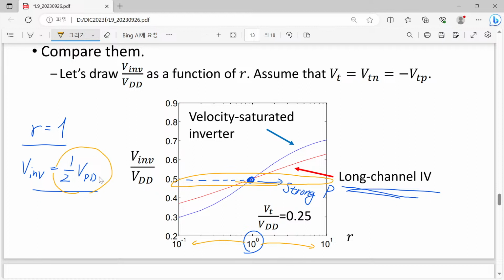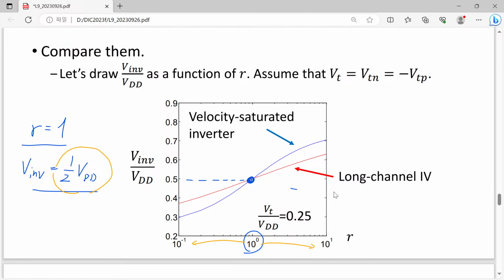However, of course, it is just an ideal one. So if we have an unbalanced design for our CMOS inverter, then obviously we have a deviation here. Then the long channel case has a much more moderate increase compared with the velocity saturated one. So I think that this is the better one. But why do we have better behavior for long channel compared with the velocity saturated inverter?